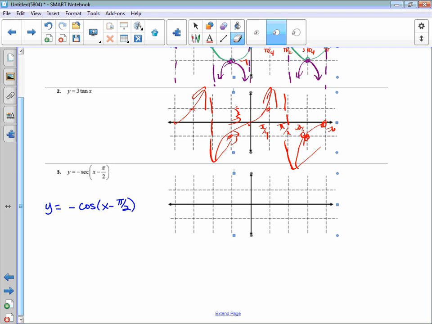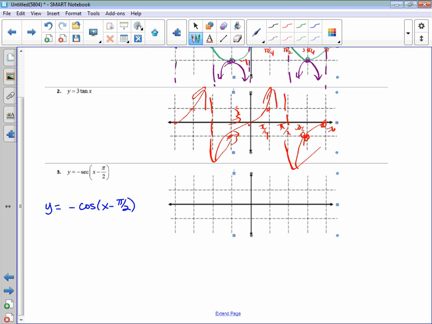Apparently, you've been volunteered. Feel free to change colors, whatever you want to do. Wait, this is correct. Alright, we're gonna label the x-axis. Good job.